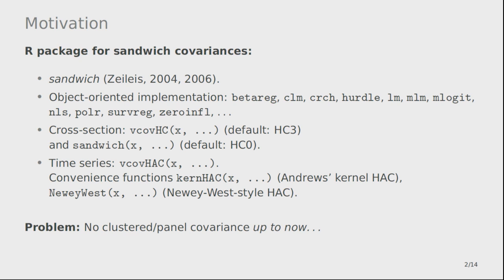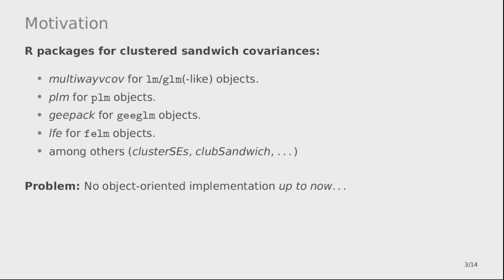However, no clustered and panel covariances were available up to now in the sandwich package. Of course, different implementations for clustered sandwich covariances exist in R, but these are often scattered over various packages and often tied to lm objects or dedicated model objects fitting certain linear or generalized linear models for clustered or panel data.